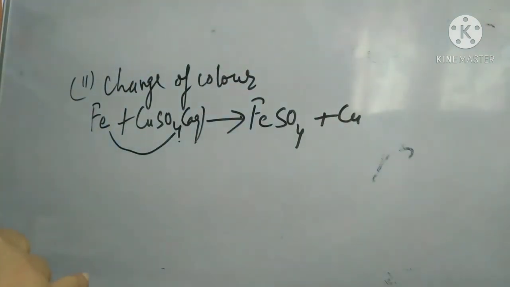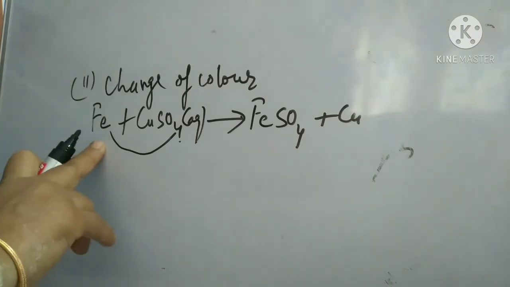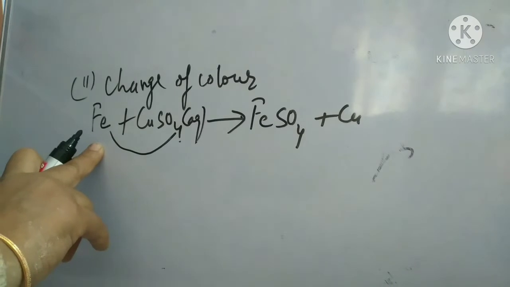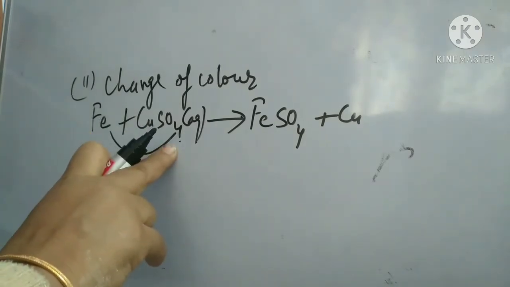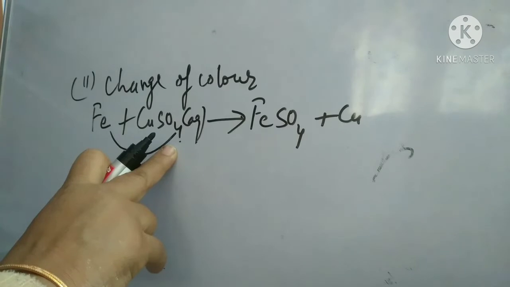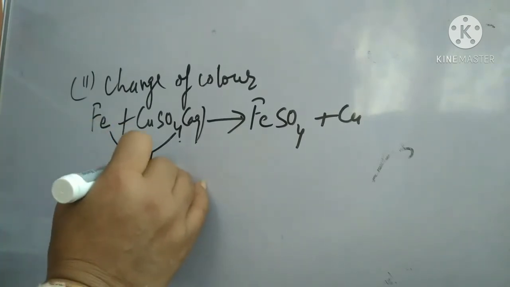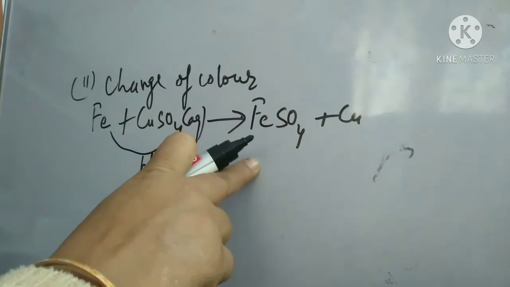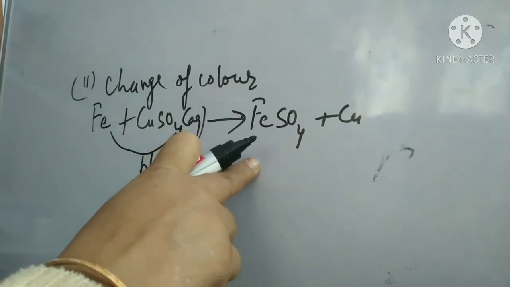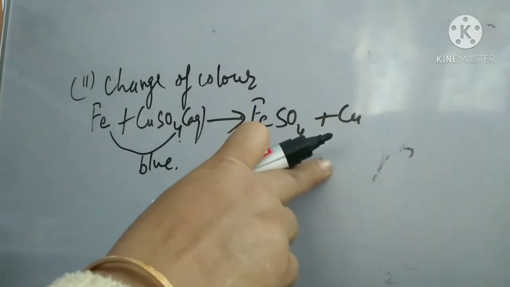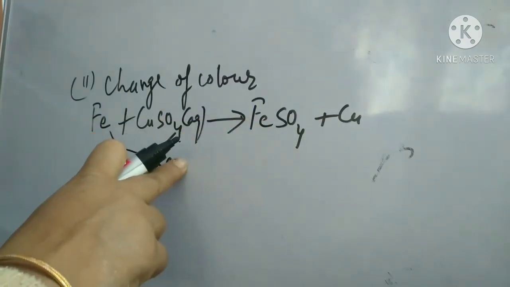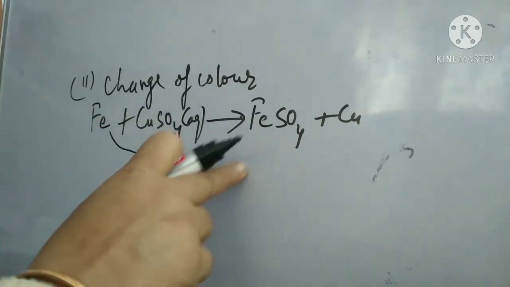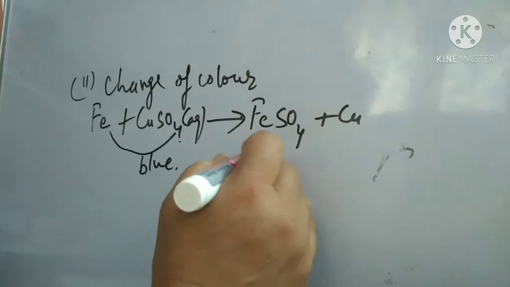Here we have put pieces of iron in the solution of copper sulfate, that is blue in color. So the product we will be getting will be iron sulfate. Now the blue color of copper sulfate will fade and turn into light green color.